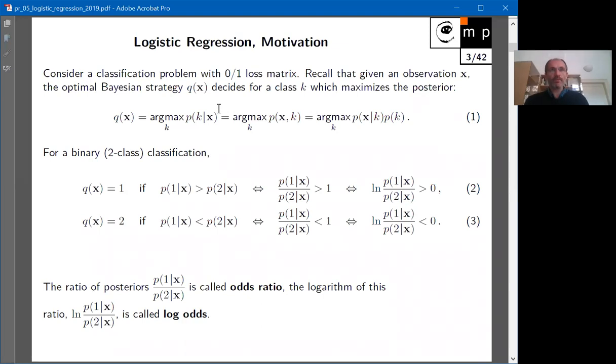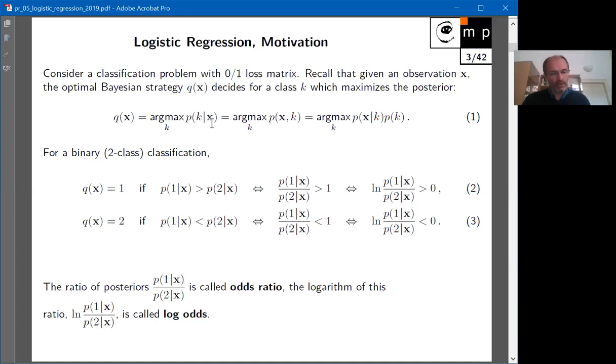So let's start with the motivation. We know from lecture 1 that if we are solving a Bayesian decision problem, which is minimizing the expected risk, and we have a 0-1 loss matrix, so every error costs us the same, that is 1, and if we make a correct prediction, the loss is 0, then the optimal classifier is the one that, given a measurement, estimates the a posteriori probability p(k|x).